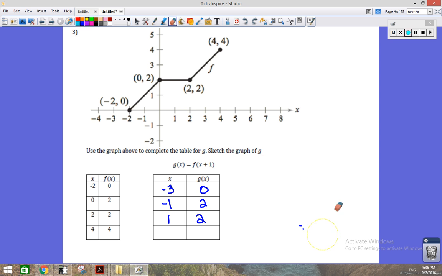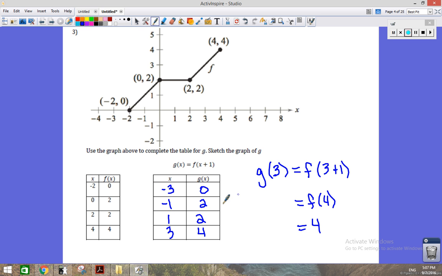And over here, let's do it again. If I pick g evaluated at 3, well, right here, I was targeting that 4. x plus 1, x is 3. 3 plus 1 is 4. f evaluated at 4, I know from this table, is also 4. So when x is 3, the output of g is 4.